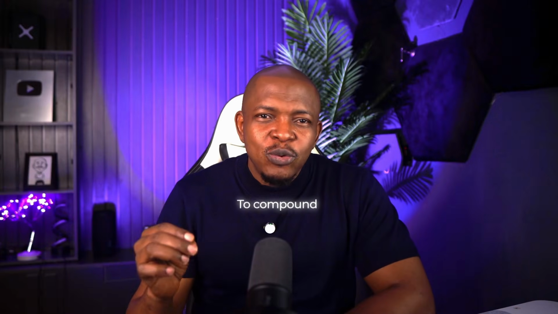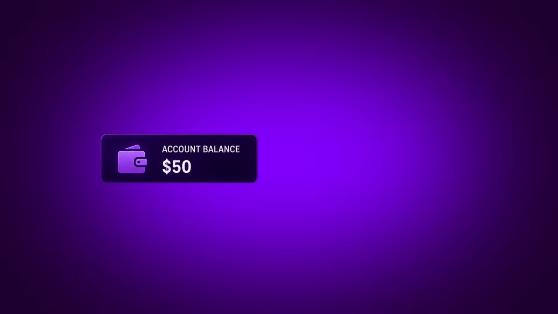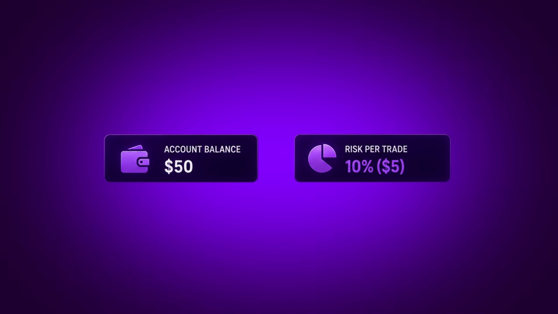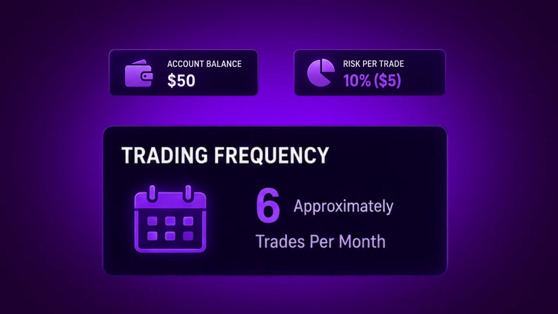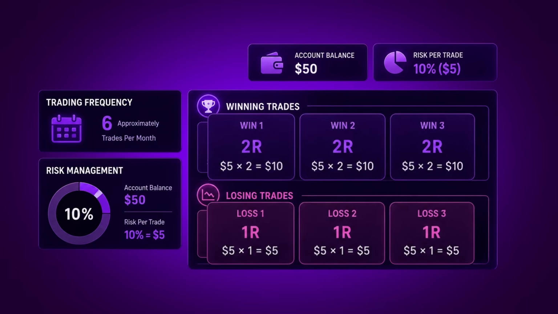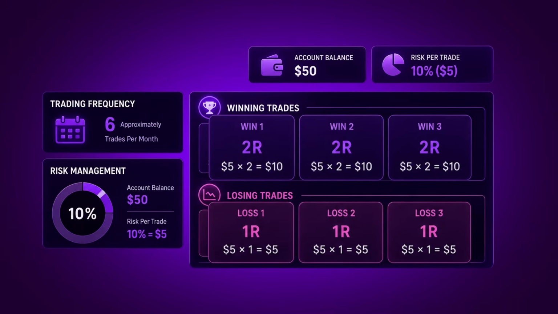All right? To compound, the first thing you do is find where you have consistency. See what I mean? You have a $50 trading account and you risk 10% per trade, which is $5 per trade. Now, let's say you take approximately 6 trades per month, and out of it, you won 3 of them and you lost 3 of them. But each winning trade is 2 times the risk.